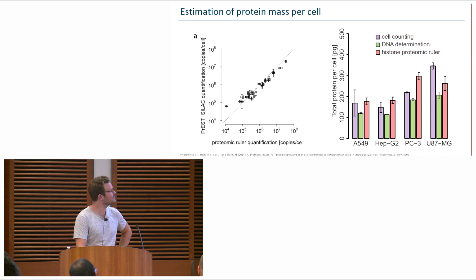And these data are more or less free with your label-free quantification. And it's surprisingly well performing, so there is not a big difference between these two methods for absolute quantification. On the right, it was also compared to classical methods like cell counting or DNA determination.